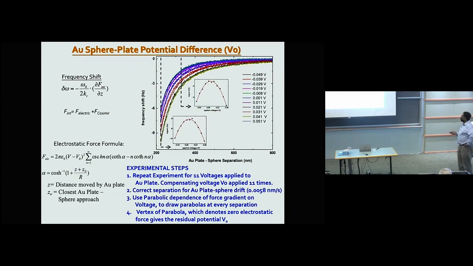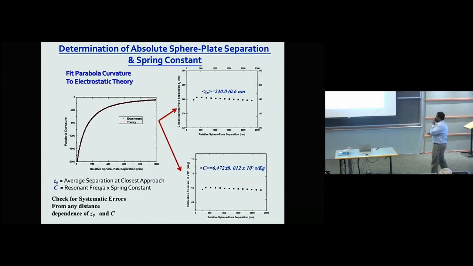Okay, that's always an issue. If not, then you start fresh again with a fresh plate and a fresh cantilever until you get that to work. Okay, and the absolute separation distance and the spring constant you get from the curvature of the parabola. That's these terms here.